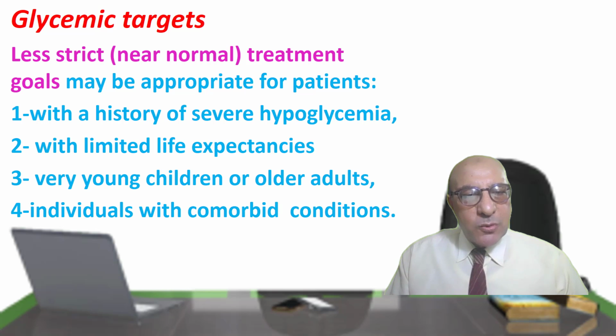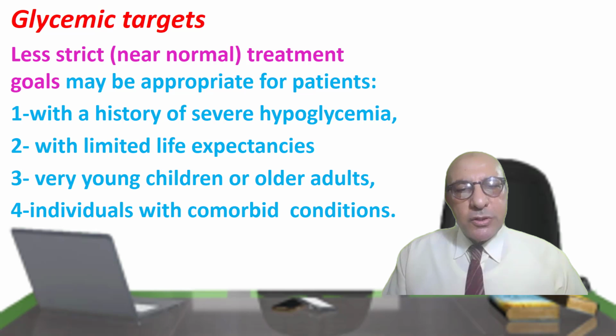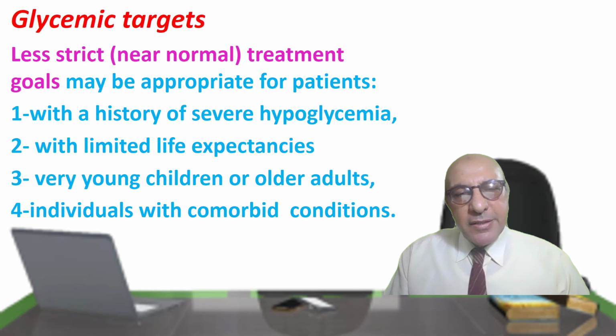This also applies to very young children and, as I said, older adults. Also patients with other comorbidities, since they can be affected more by hypoglycemia, like patients with cerebrovascular disease or ischemic heart disease. All this should be considered while deciding on the target blood sugar for their control.